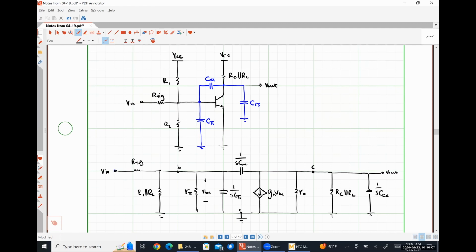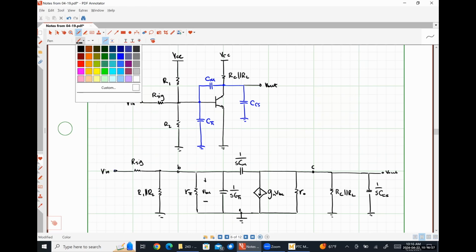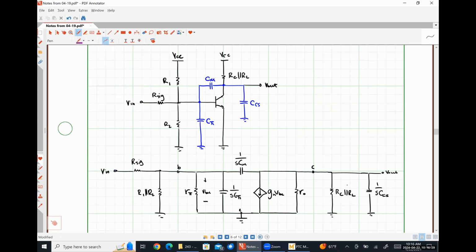Okay? So the first thing I'm going to notice is that the resistance R naught is between the output node and ground. The resistance RC in parallel with RL is also between the output node and ground. So I'm going to lump all of those together and treat them as a single resistance, which I'm going to call R naught prime.